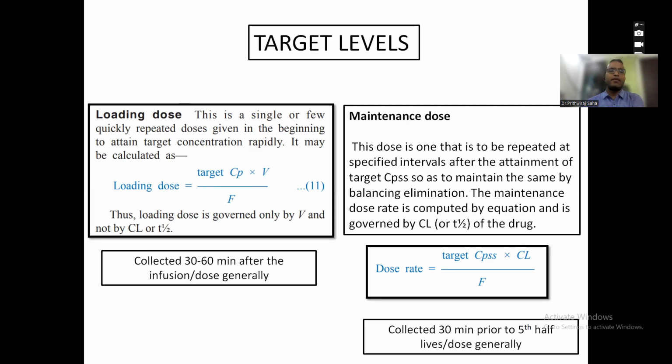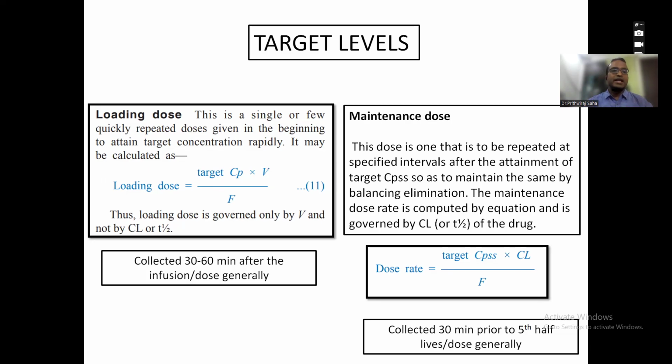If the bioavailability becomes 1, F becomes 1 and the loading dose is equal to the target peak concentration into volume of distribution. But if 0.9 is reaching, you have to divide by 0.9, and it will give you the loading dose divided by the bioavailability.